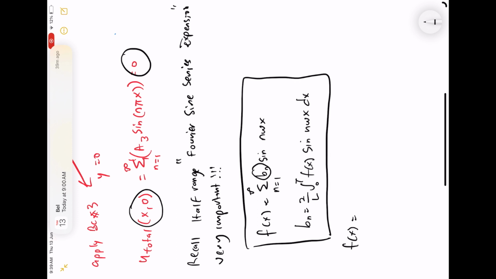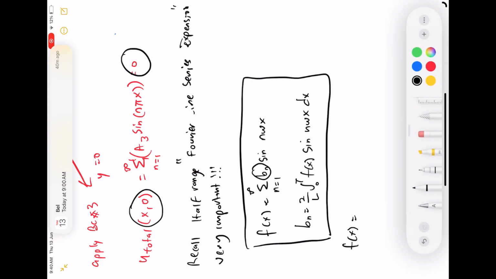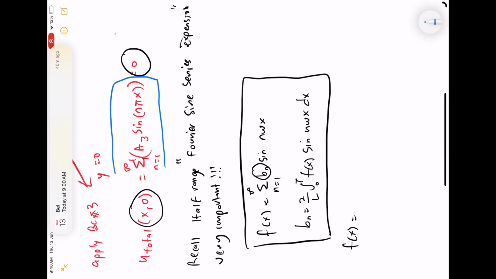So our a3, sorry. When we compare this with this, x is 0, this with this, so this is our bn actually.